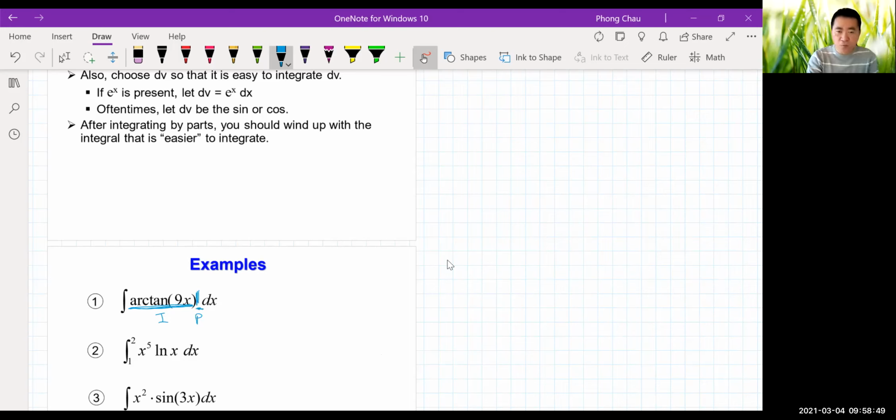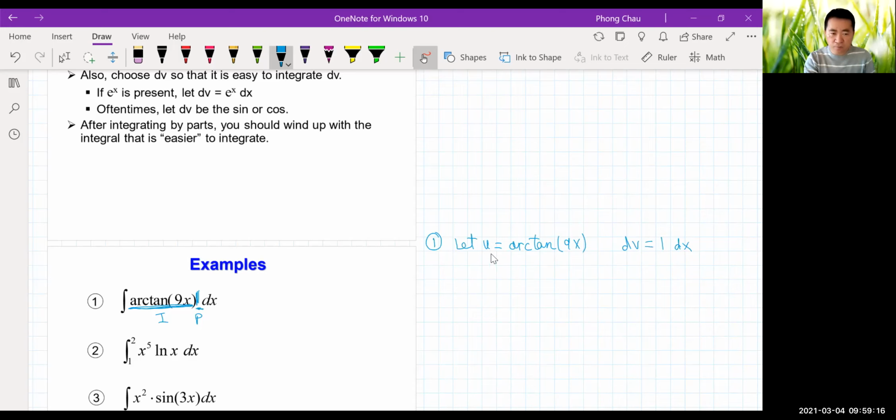So for number 1, using integration by parts, you will let u be the arctangent of 9x. That's one function. Then your dv will be 1 dx.